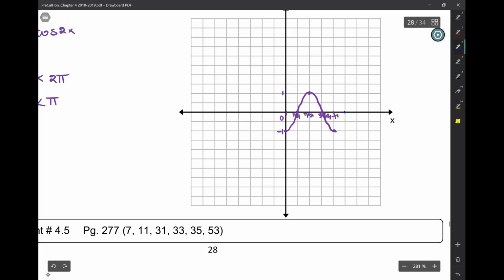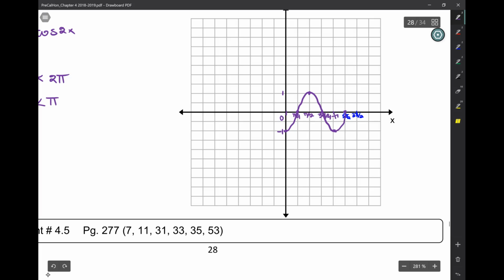How much will that be? 5 pi over 4. And the next one? 3 pi over 2. All right, we don't need to go that far anyway. So here, it'll go back up to 0, and it'll look like that.